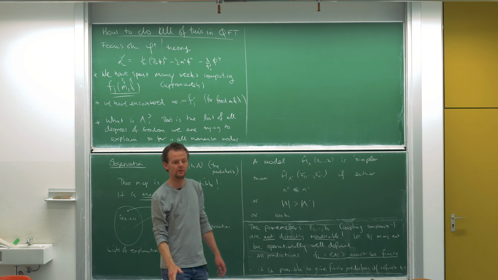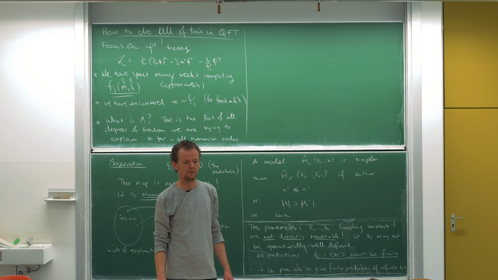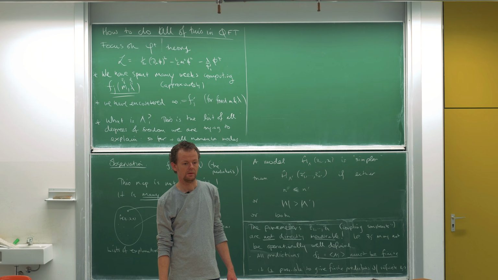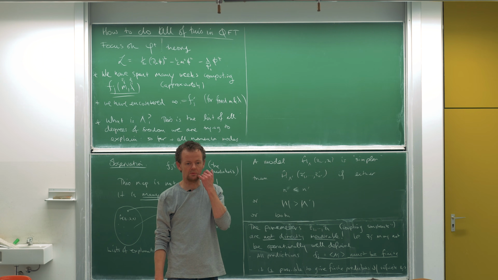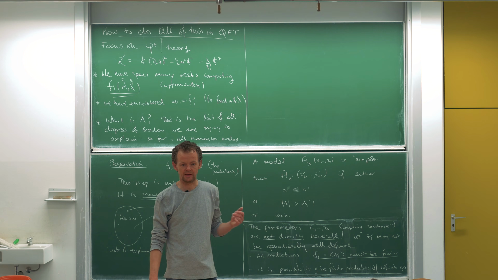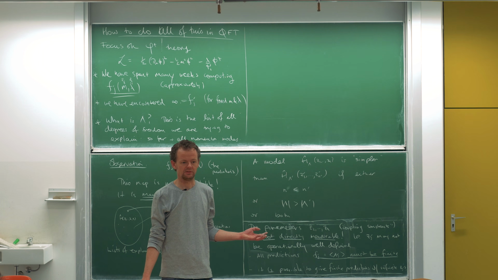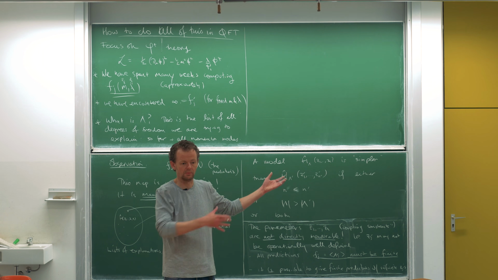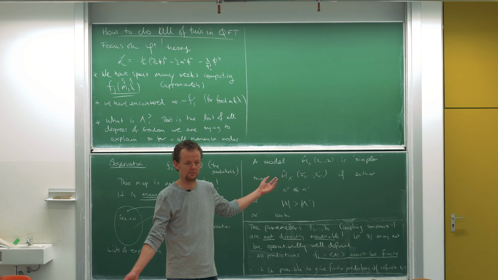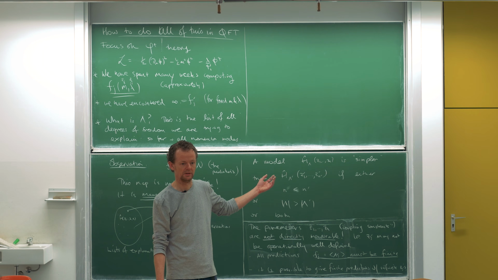Question: did we ever have a value for small lambda? Was it ever fixed? Well, implicitly we did. We said, given a lambda, here's what we would predict for the scattering amplitude. And we found that it functionally depended on lambda as infinity.